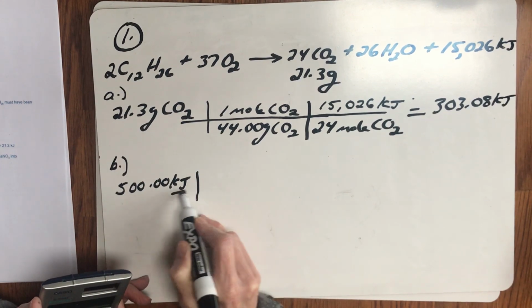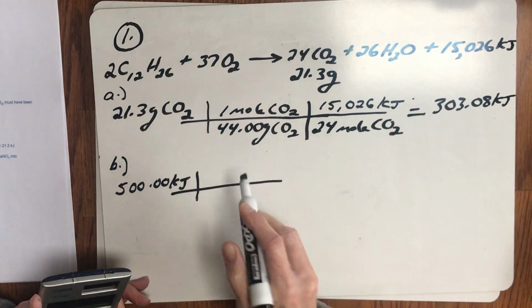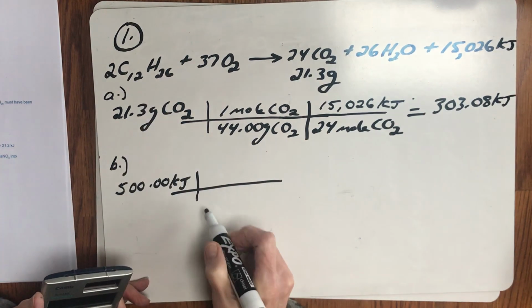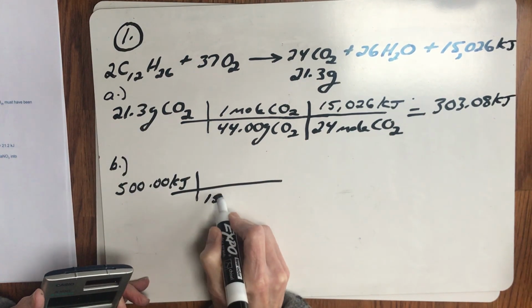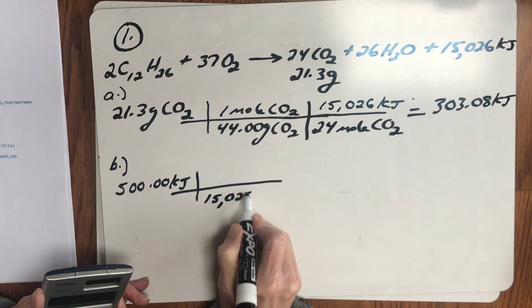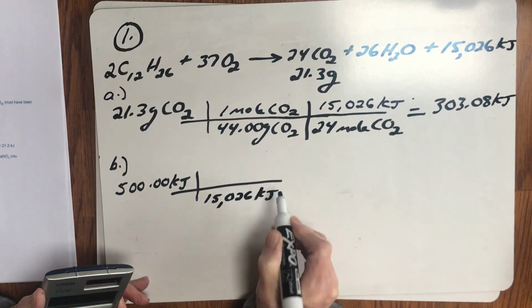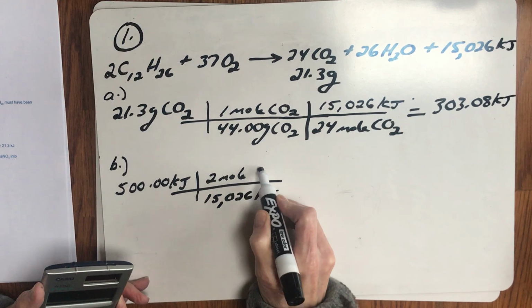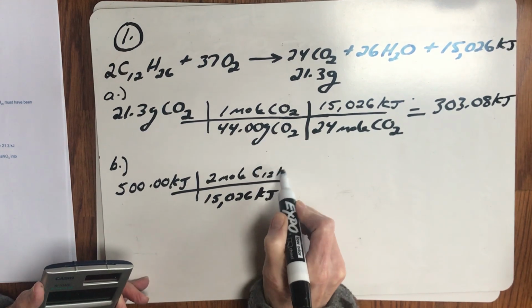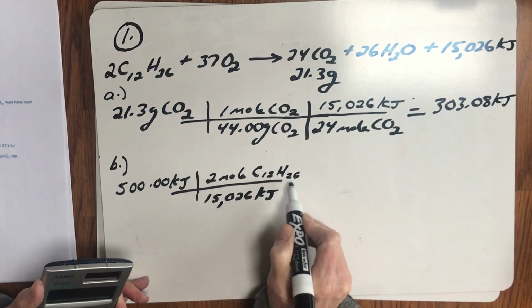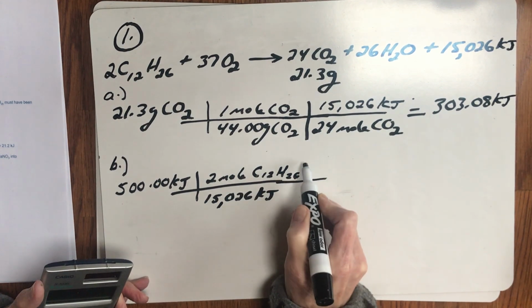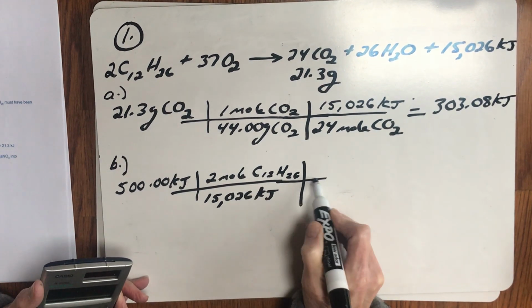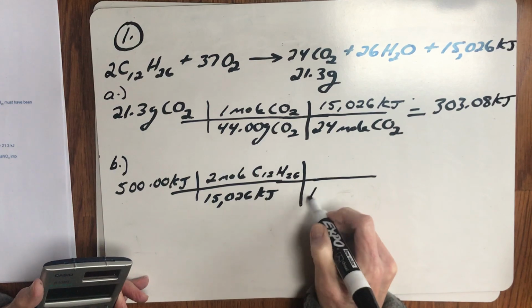From our balanced equation, there's 15,026 kilojoules for every 2 moles of C12H26. Then I'm just going to have to do the molar mass.